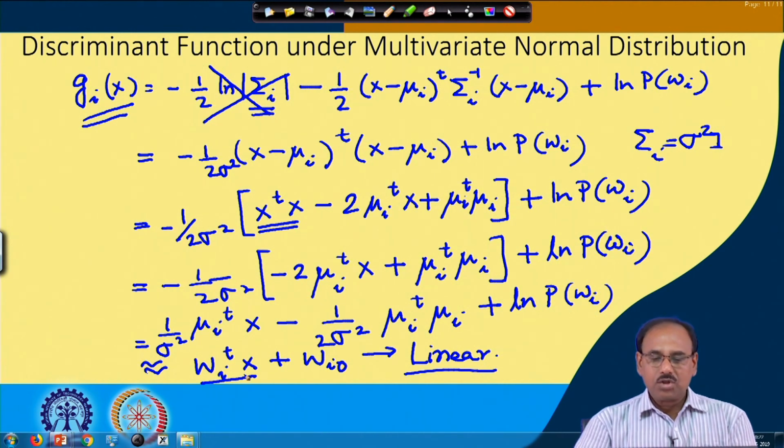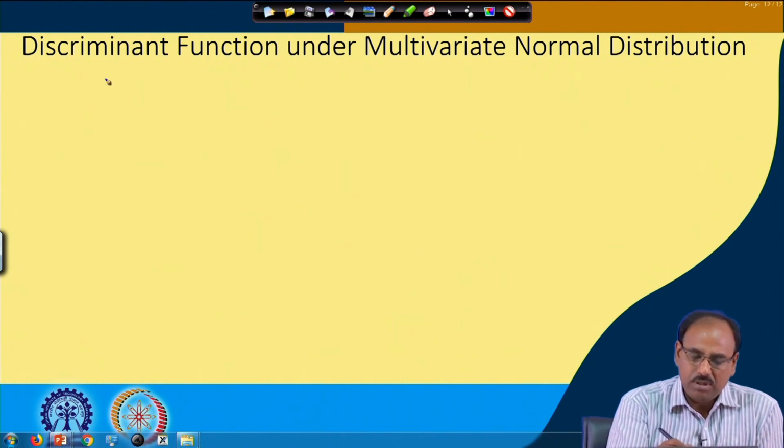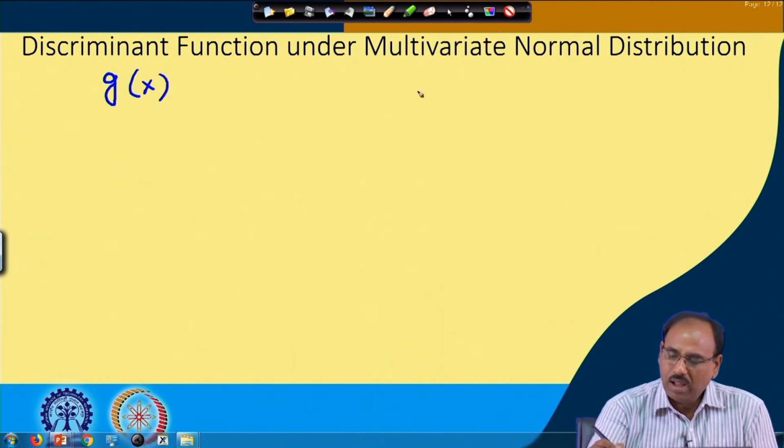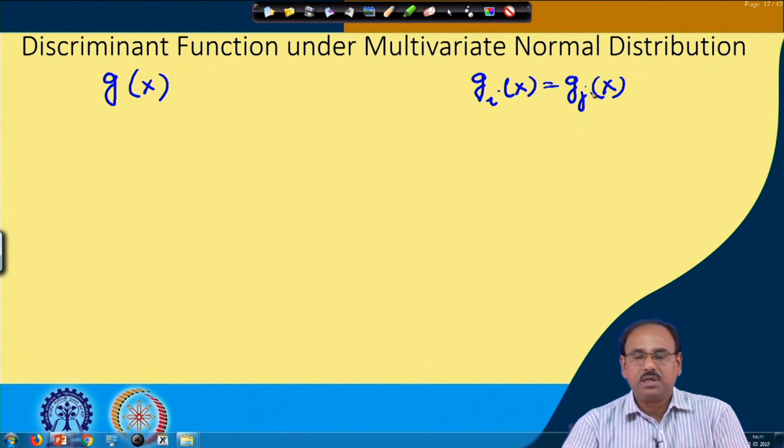Right. So from here I can try to find out what is the boundary between two different classes ω_i and ω_j. That boundary I can simply define as follows: on the boundary I must have g_i(x) equal to g_j(x), that is, the discriminant function value for the ith class and for the jth class should be the same on the boundary.